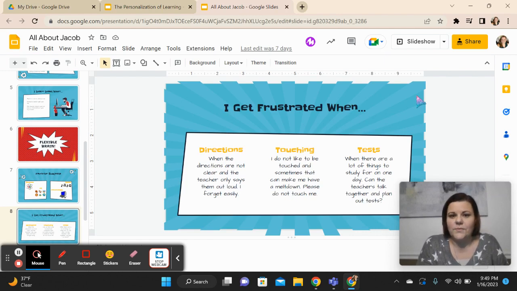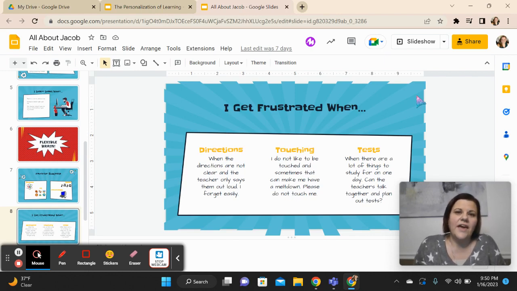He does not like to be touched, and sometimes that can make him feel very frustrated as well. Even if a teacher puts a hand on a shoulder to help guide, that is something that he doesn't like.